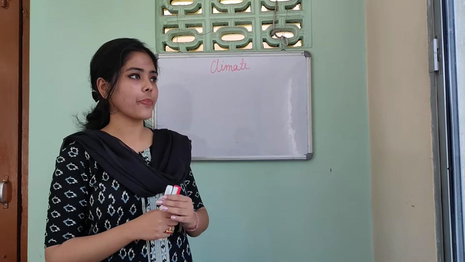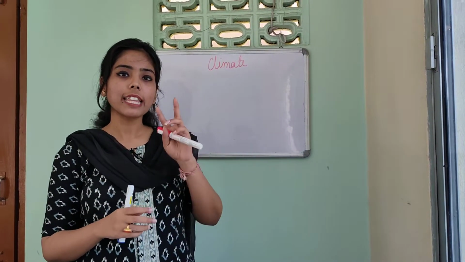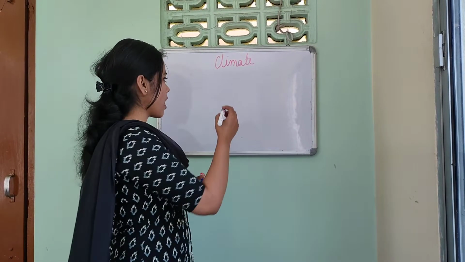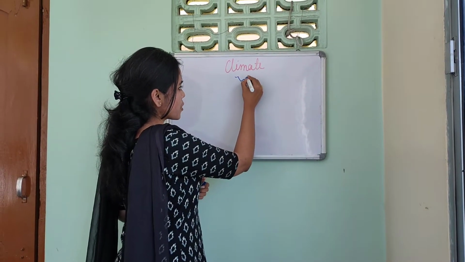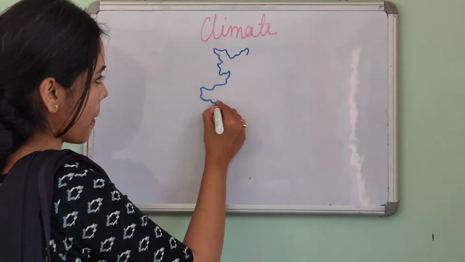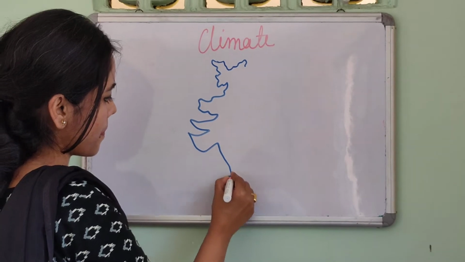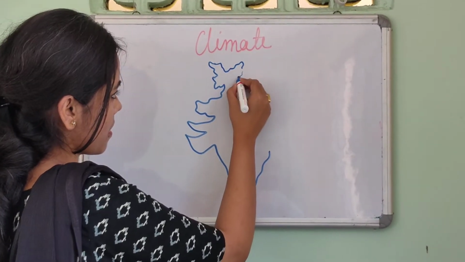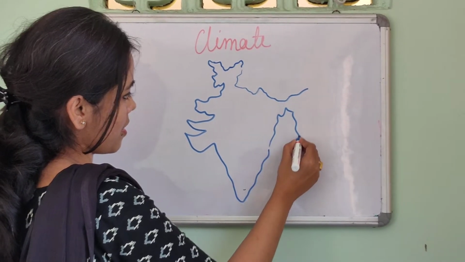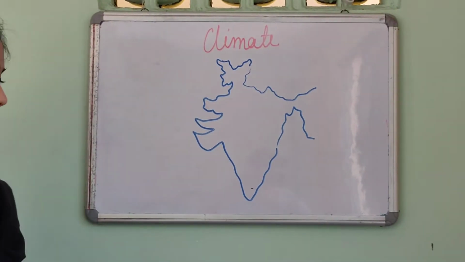So first, you should know that there are basically two parts in India. So here I am drawing the map of India. Okay, so this is a map of India.